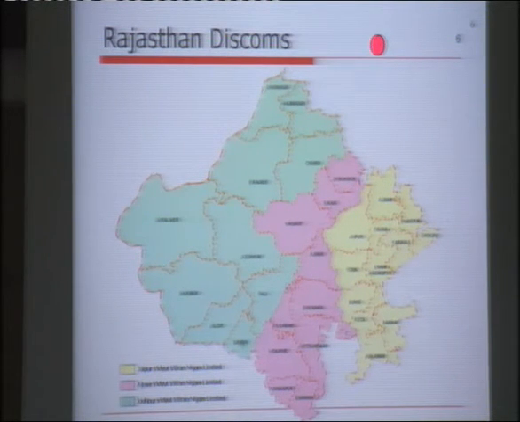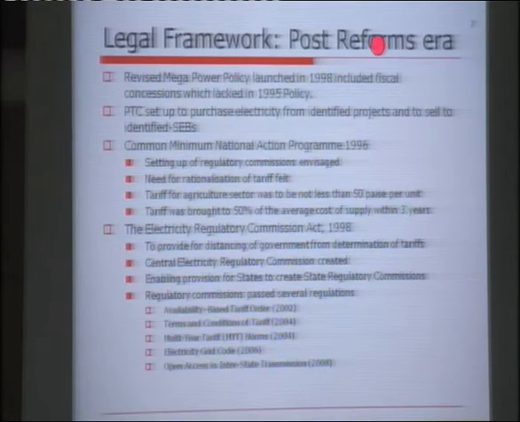Okay, and RSEB was formed in 1957, which after reform unbundling was divided into 5 companies. One is Vidyut Prasaran Nigam, RRVPNL, in which I am working. One is the generating company, that is RVUNL, and 3 DISCOMs, distribution companies.